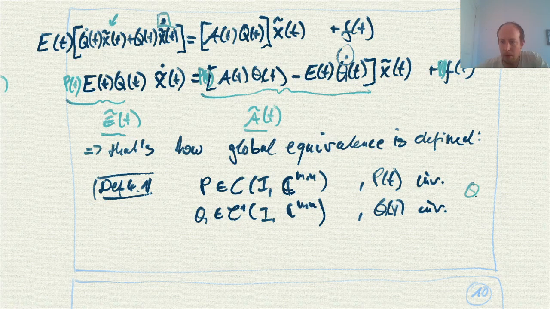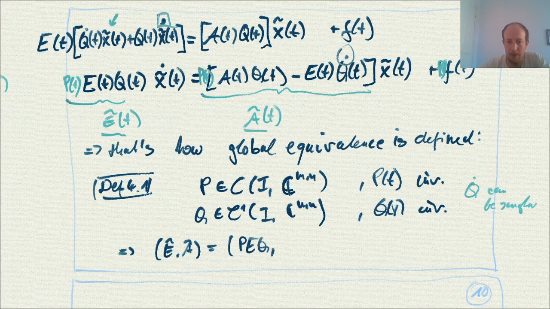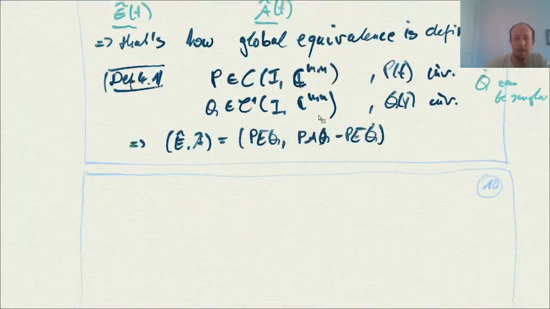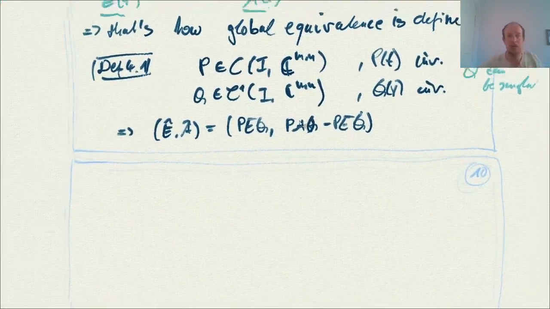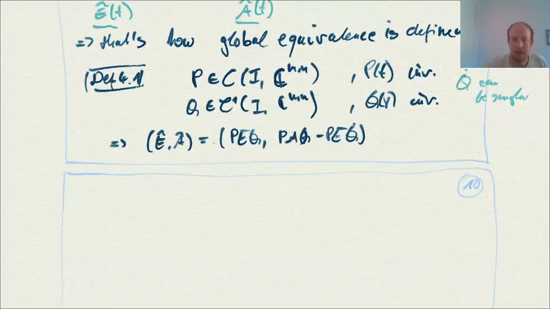Well, Q dot can be singular, and E tilde, A tilde is PEQ and PAQ minus PEQ dot. That's the definition. And the lemma then says that this is an equivalence relation.